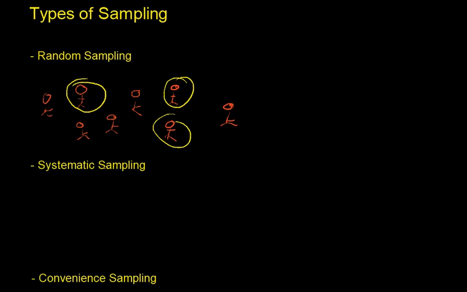It's pretty simple. Systematic sampling: maybe you could say, well, I don't want to do random sampling because I'm worried that I'm going to get a bunch of students who are very poor performers, or a bunch that are very good performers, and it's just random chance.